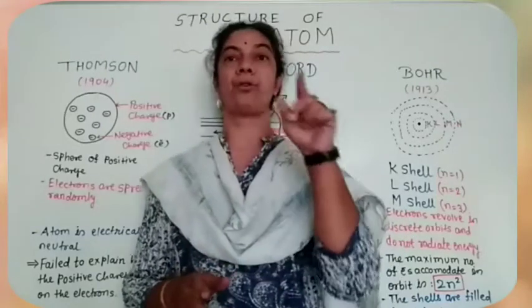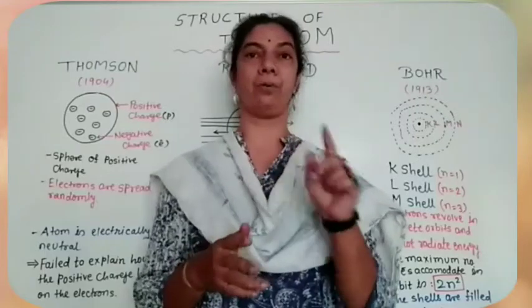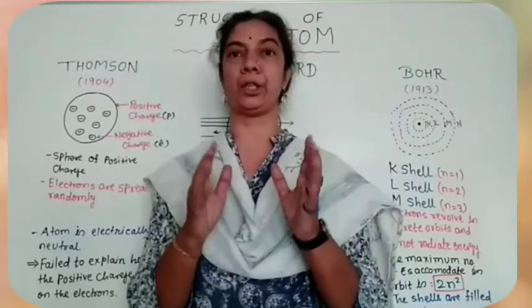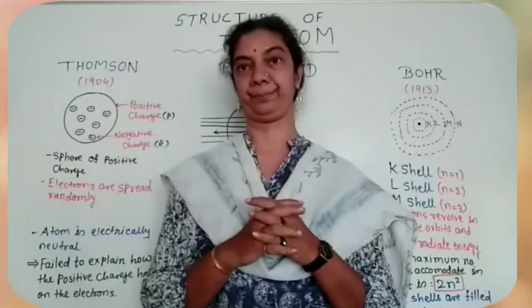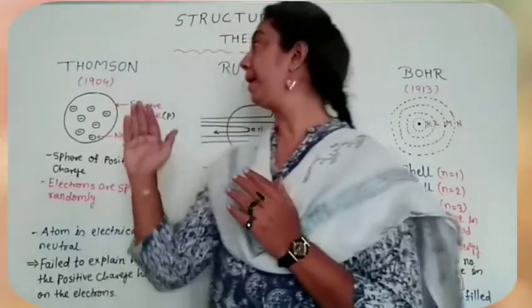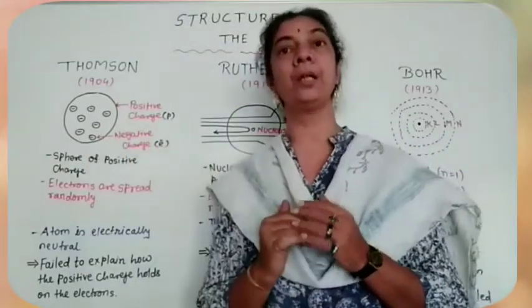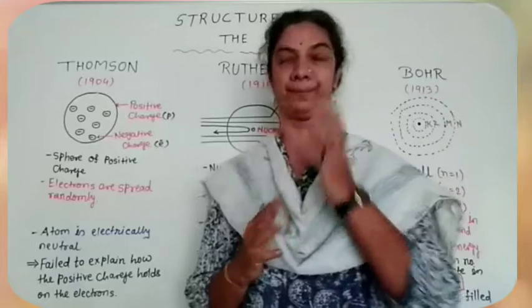And the electrons, the negative charge, are revolving around the nucleus in a circular path. So we got a slightly improved model over Thomson's model for the structure of the atom.